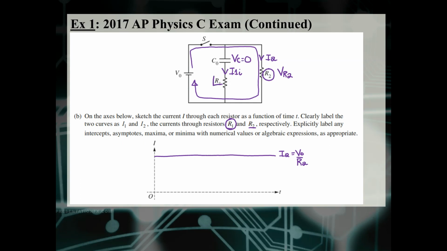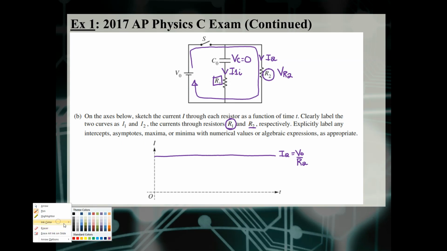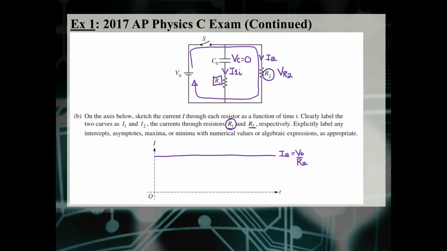So if you now apply the loop rule through this branch, you'd gain voltage across the battery. You lose nothing across the capacitor because it has no charge, and you would lose all that voltage equivalent to the battery voltage across resistor number 1. So initially the battery and resistor 1 are in parallel with each other.